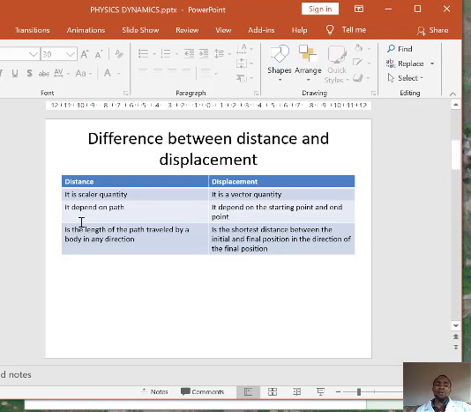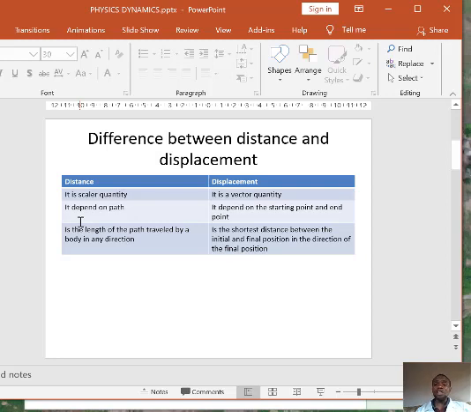If a man traveled 3 kilometers due north and later 4 kilometers due south, and you are to calculate the distance traveled, the total distance is going to be the algebraic sum of all the distances covered, which is 3 plus 4. That gives us 7.